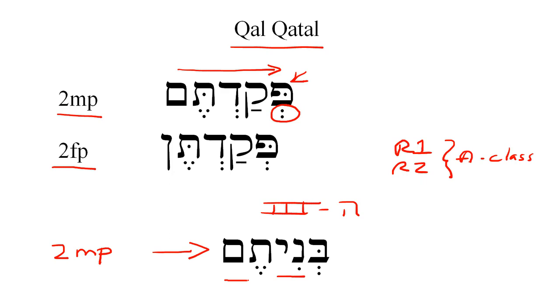We still have our second masculine plural ending, and it's only the Qal stem where we see reduction of the first vowel. So we know that we have a Qal, second masculine plural. The only tricky part now is to realize that this is a 3-hey, and so we can figure out that the root is bana.